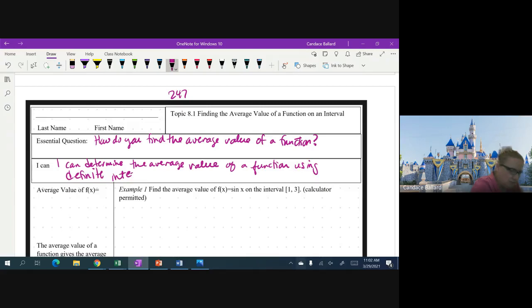That's it, integrals. I can determine the average value of a function using definite integrals.